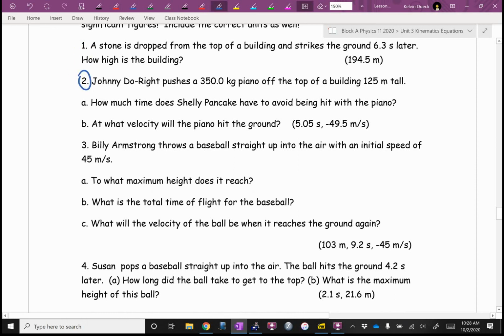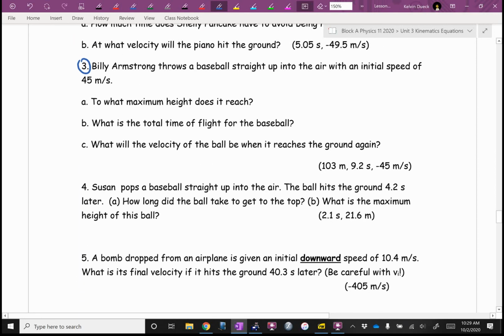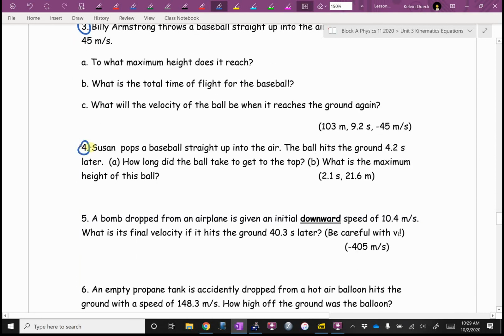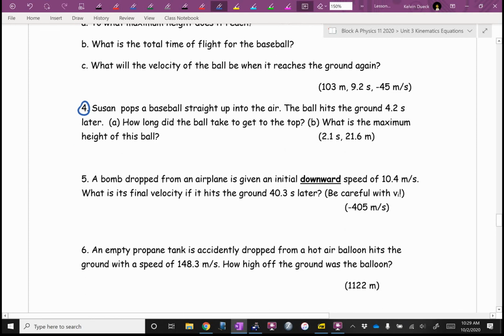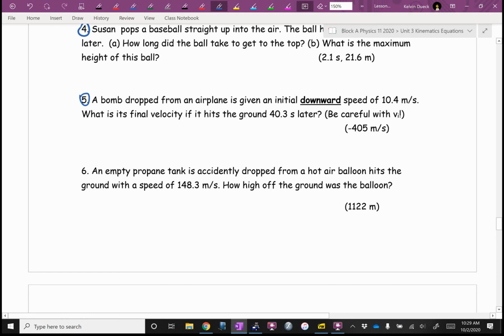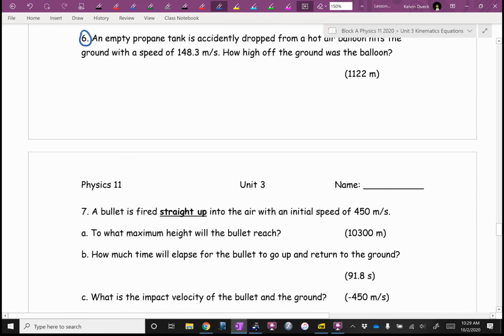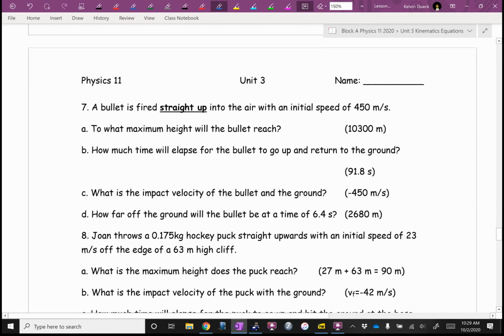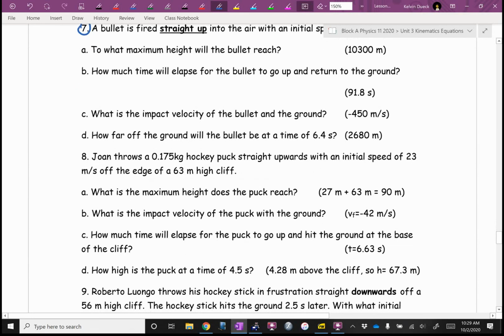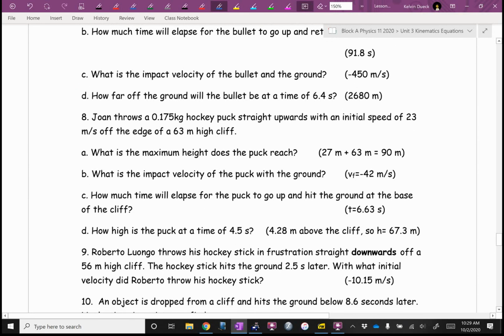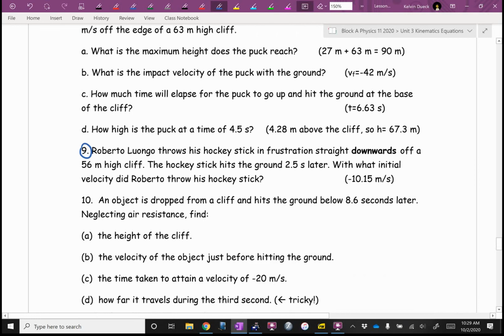That works. 3 is good, so skip 1. 4 is good. 5 is good. 6 is good. 7 is good. 8. You can skip 8. 9 is good. You can tell I typed this up back when Roberto Luongo was a goalie for the Canucks.